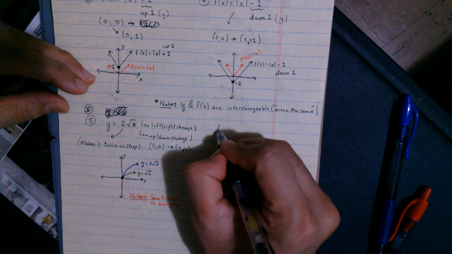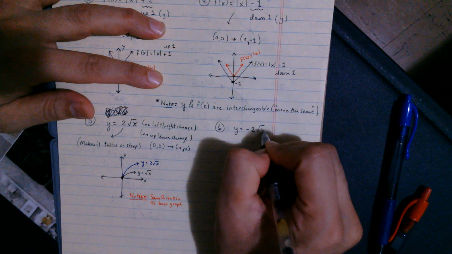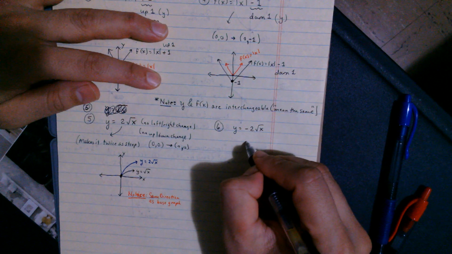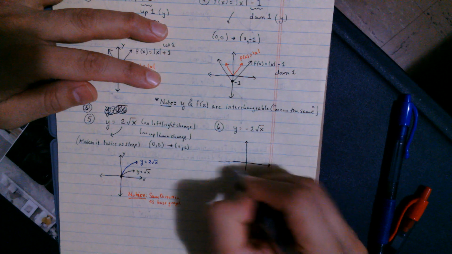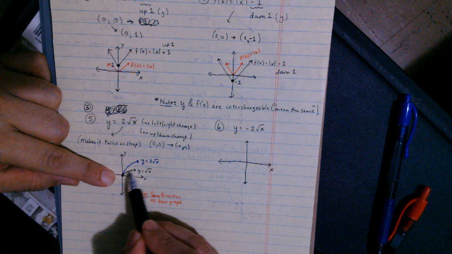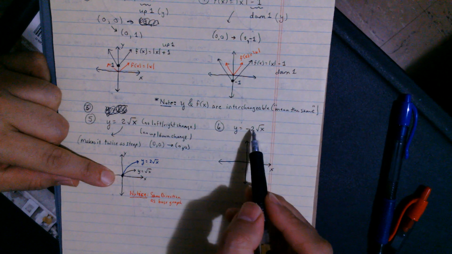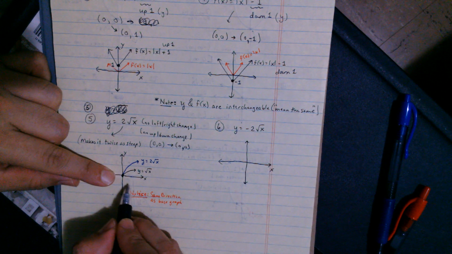But now, if you put a negative in front, even if it was 2, you see, these values here are all positive y values. If you multiply positive y values by a negative value, the y values become negative.